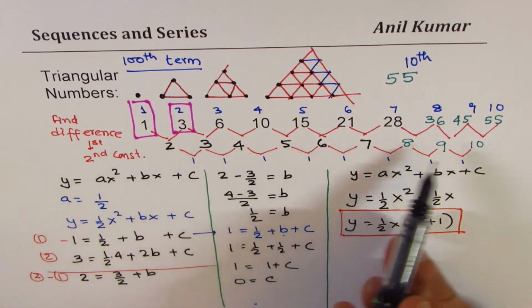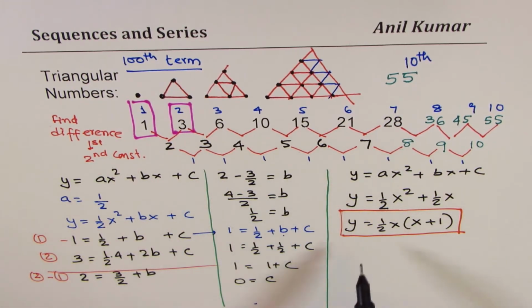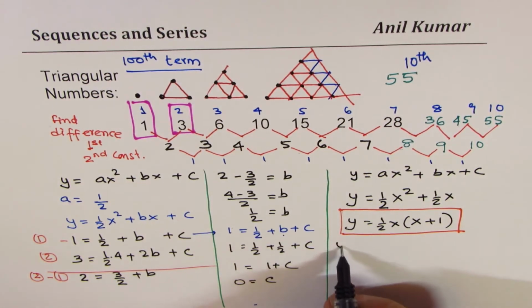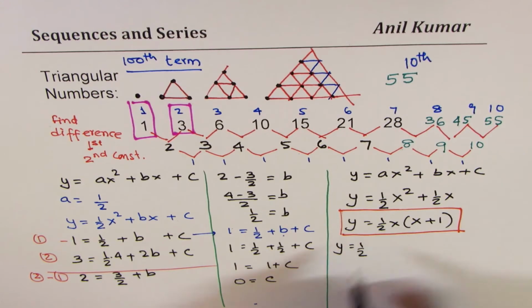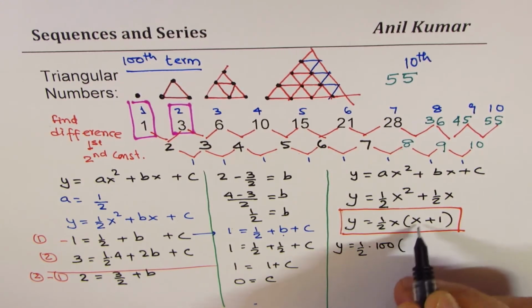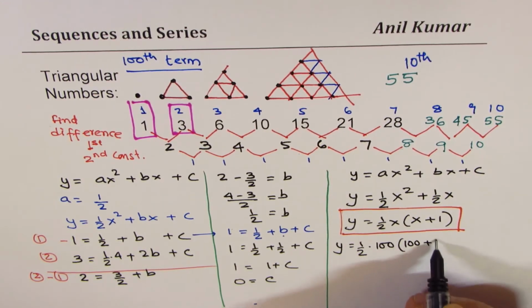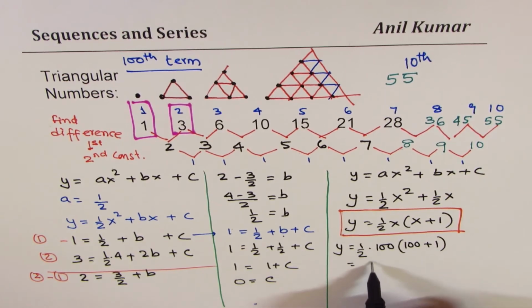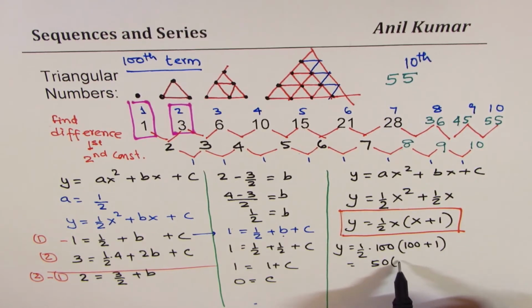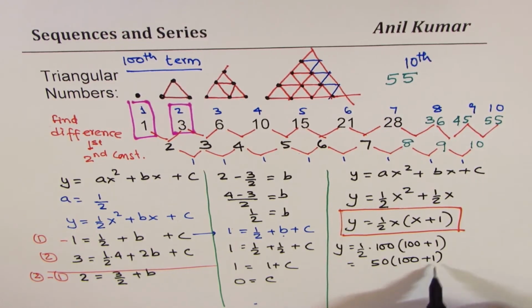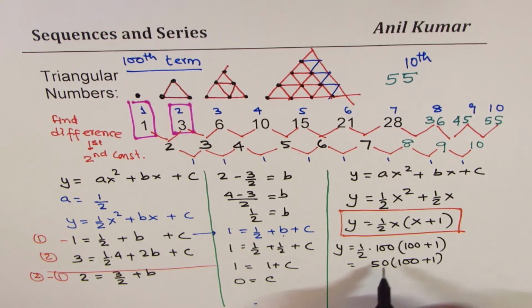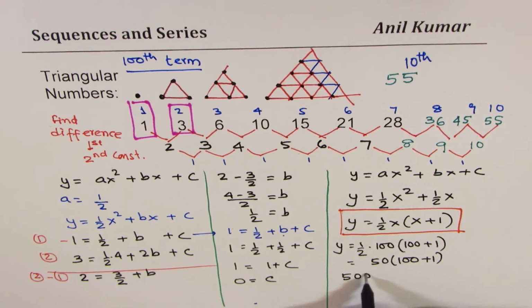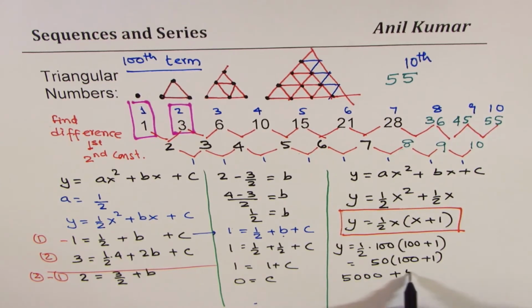So there's a very interesting series before you, and let's first find the 100th number and then we'll do the needful. So y equals half of, replace x with 100, and we have 100 plus 1, right? So that means 50 times 100 plus 1. So I'll multiply with 50 as you saw last time, giving me 5000 plus 50, right?